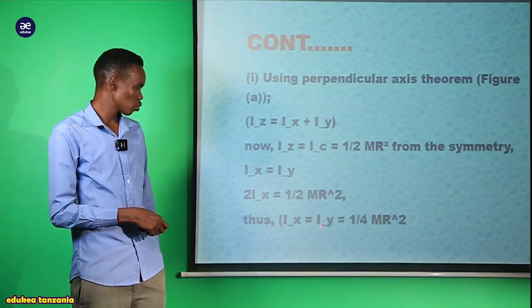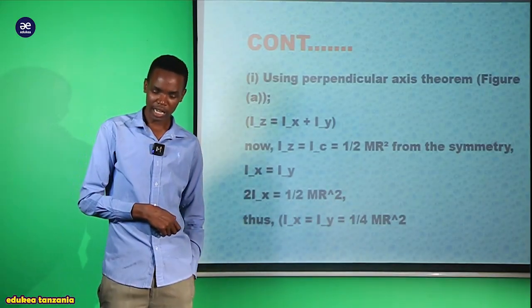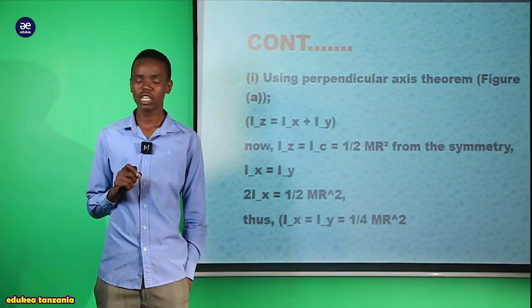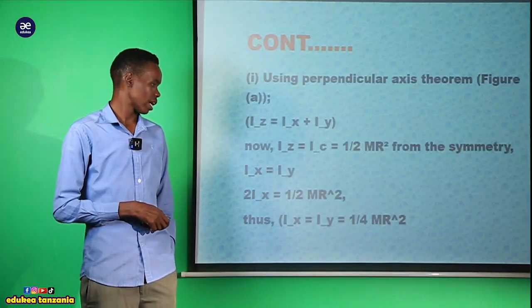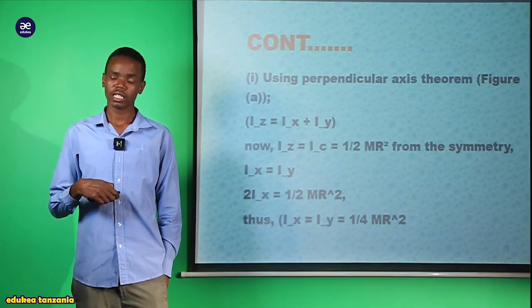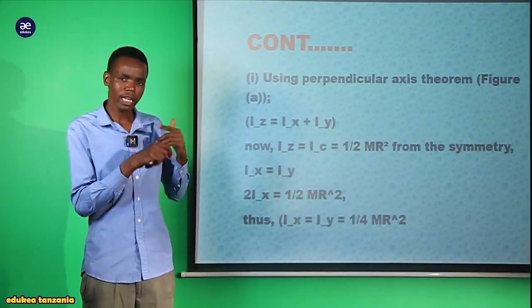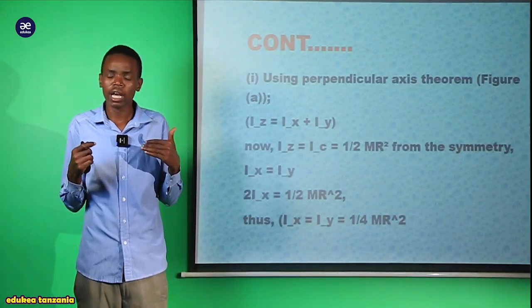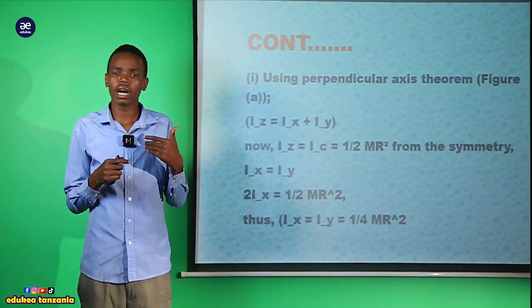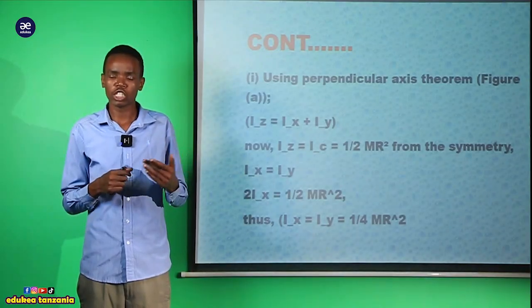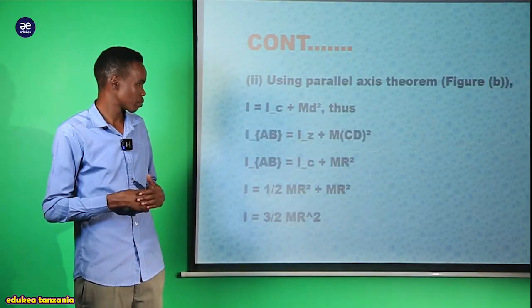If we divide by 2 both sides, we obtain that the moment of inertia through the x-axis is equal to the moment of inertia through the y-axis, which equals 1 divided by 4 mr square. So the formula is the same for any diameter and also for any axis. The moment of inertia along the x equals that along the y, which equals 1 over 4 times mr square.